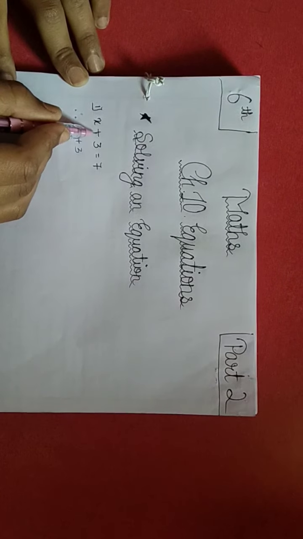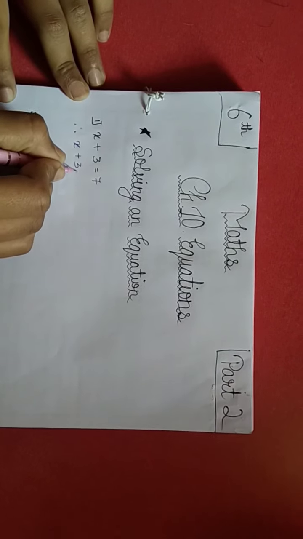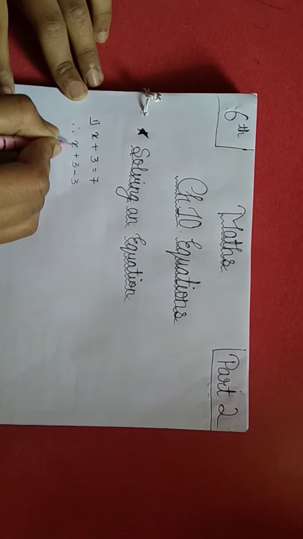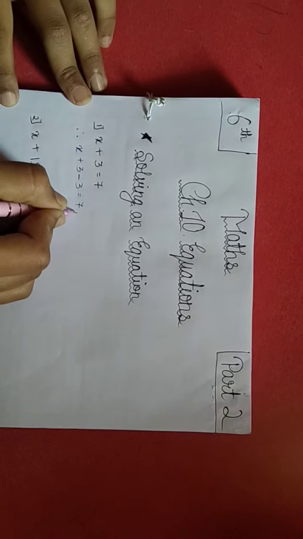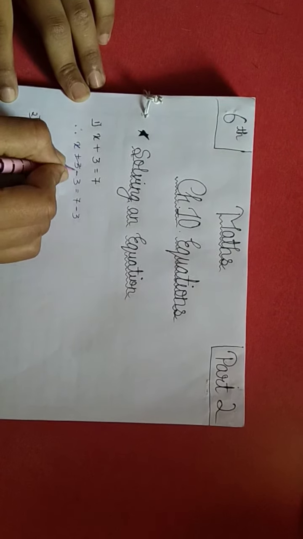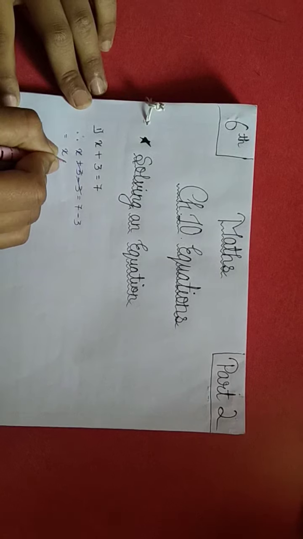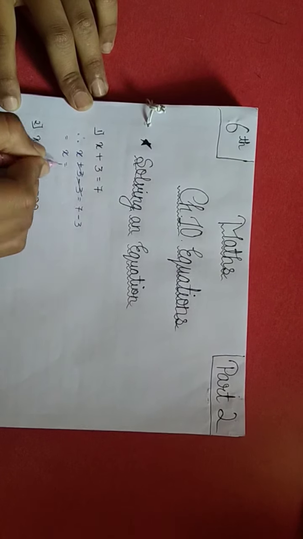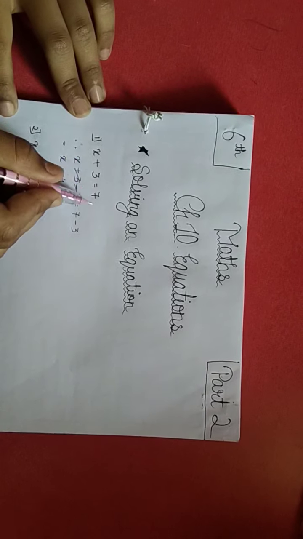Here plus is given, so what's the opposite of plus? Correct, minus 3. So x plus 3 minus 3 is equal to 7 minus 3. Okay children, so these will be cut. So x is equal to 7 minus 3, which is 4. So 4 plus 3 is equal to 7.